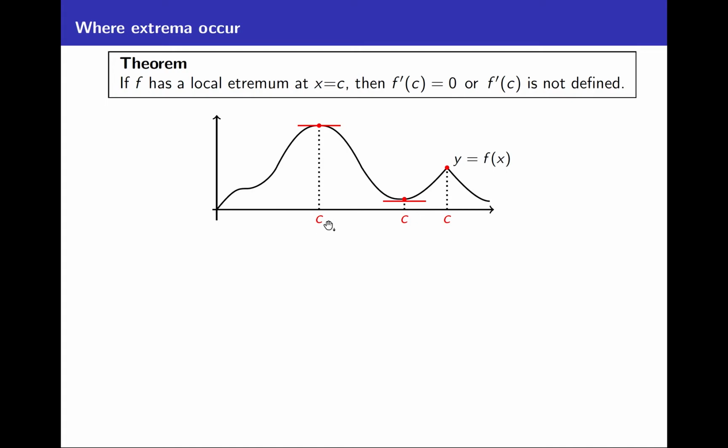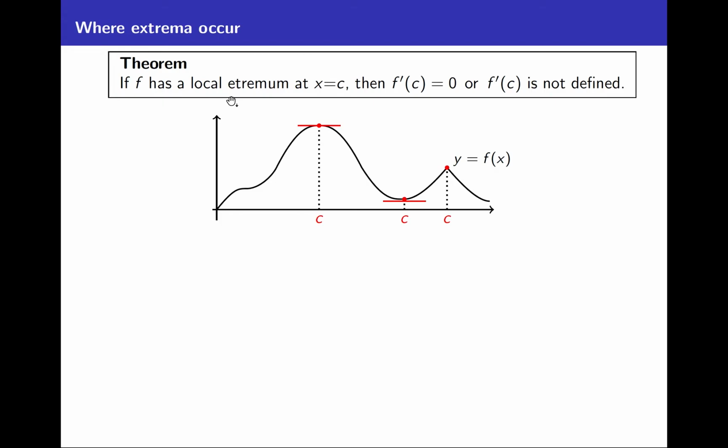It couldn't be positive because that would mean f is increasing at this point. It couldn't be negative because then f would be decreasing. So the only possibility is that f prime of c is equal to 0.